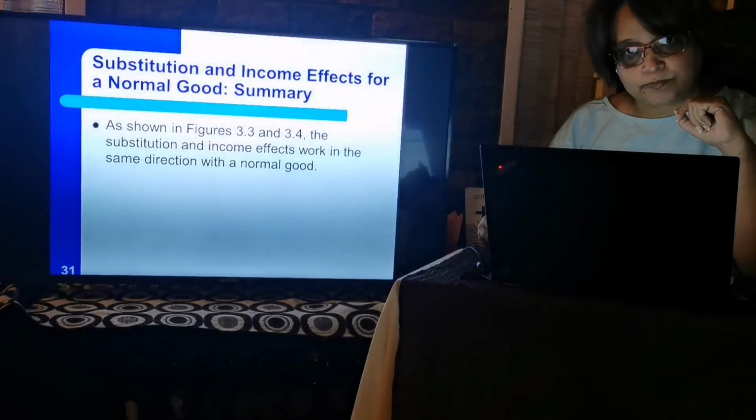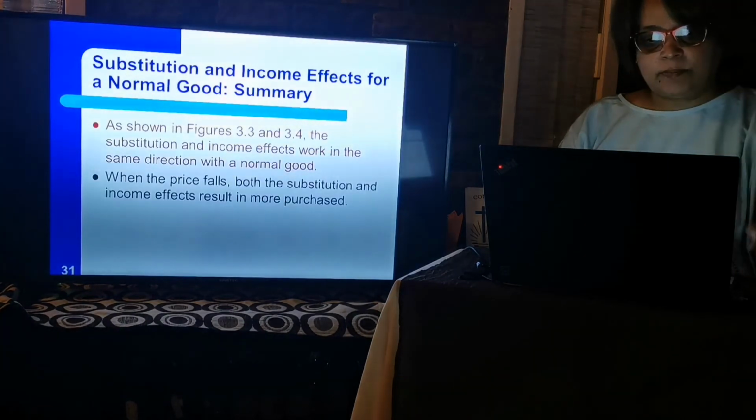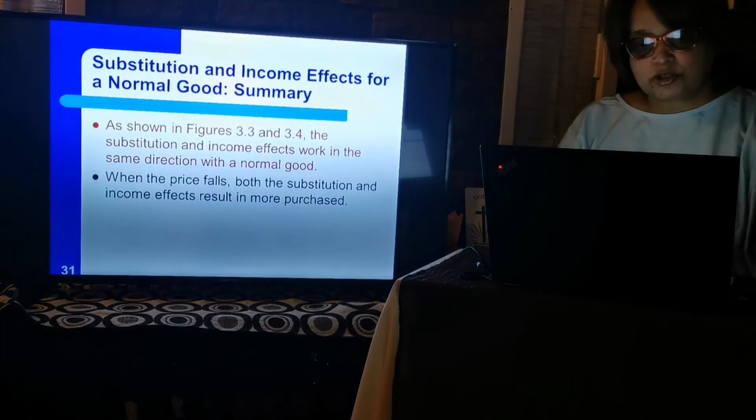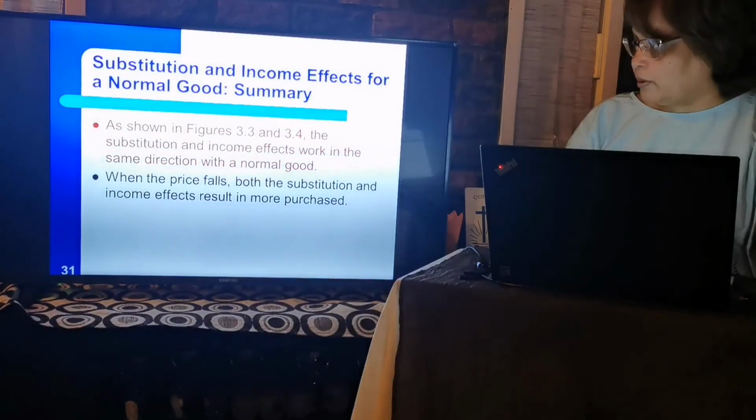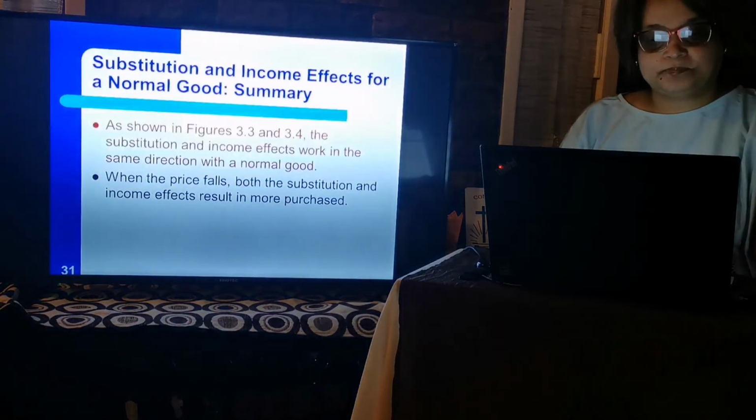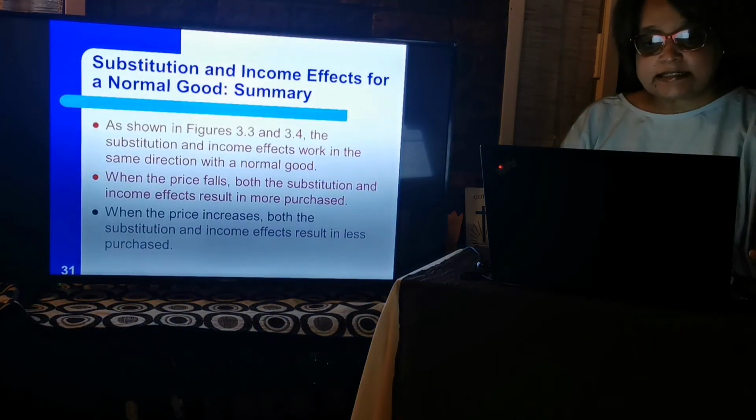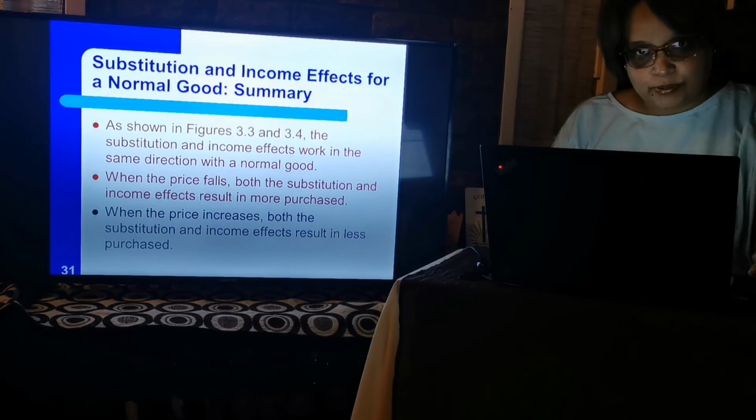Normal good. When the price falls, both the substitution and income effects result in more being purchased. When the price increases, both the substitution and income effects result in less being purchased.